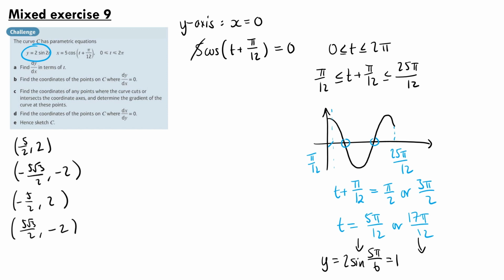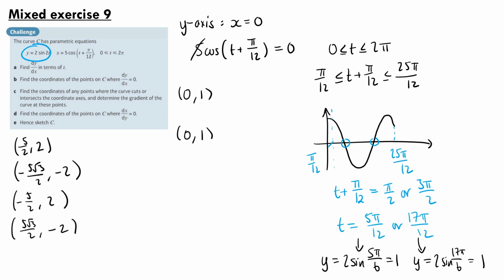And for 17 pi over 12, we've got y is equal to 2 sine of 17 pi over 6, which is a half. So again, 2 times a half is equal to 1. So we've actually got this curve intersecting the y-axis at the same point, (0, 1), twice.